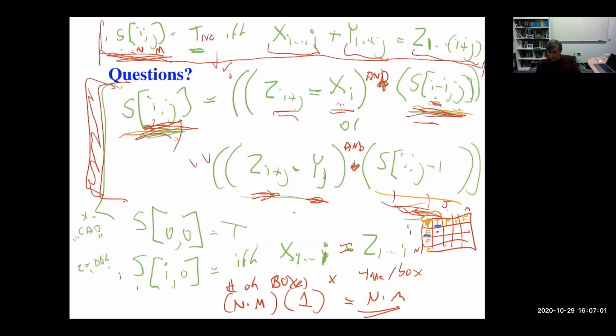If either one of these is true and the character matches, then this is going to be true. For this one, I'm going to need to use this value and that value. Because again, to compute i, j, I'm going to use i, j minus 1 and i minus 1, j.